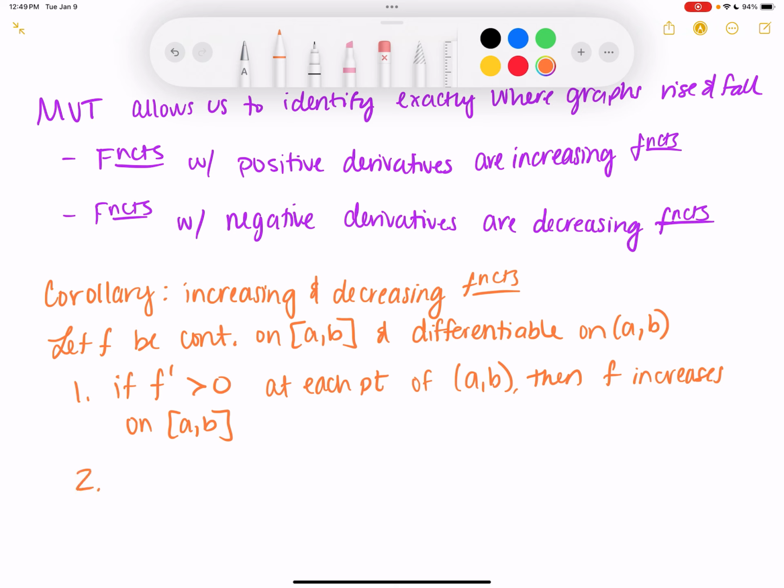And 2, if f prime is less than 0 at each point of a to b, then f decreases on a to b.